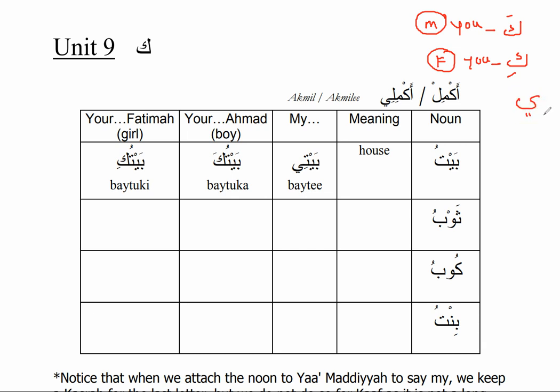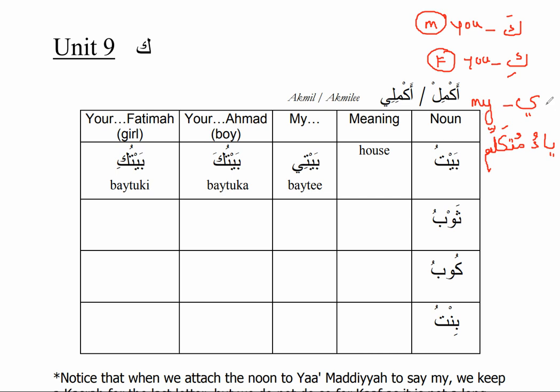It is ya, and it is called ya mutakallim, with shadda and kasra. This is ya mutakallim, and this means my. This damir is translated as my.